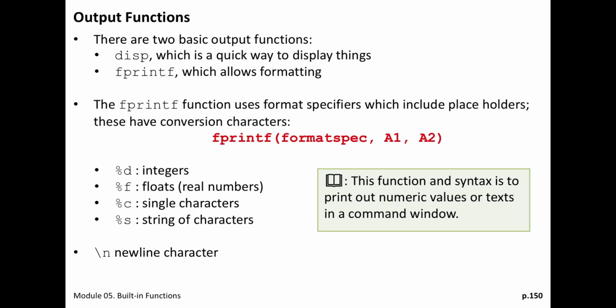The format spec is the character vector including the formatting identifiers. Then you can place the values of the variables A1, A2, A3, and so on, to insert their values in the place of these identifiers. You'll see how to use this syntax in a later slide.